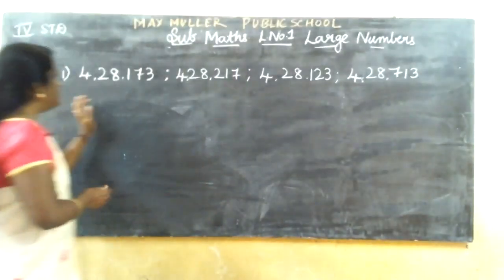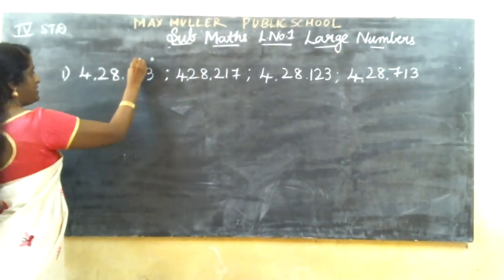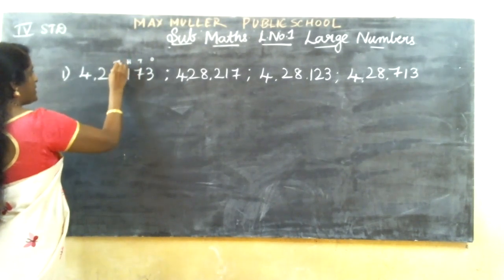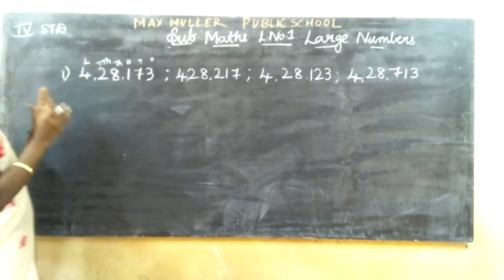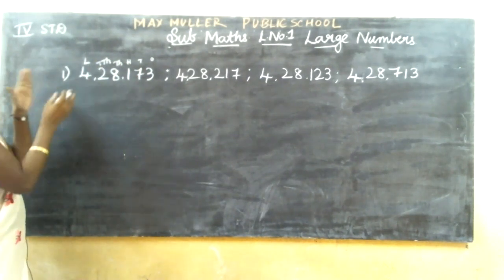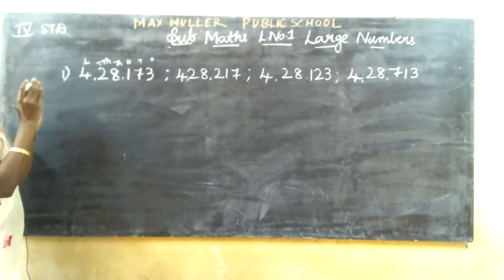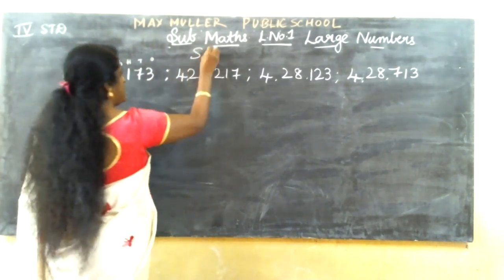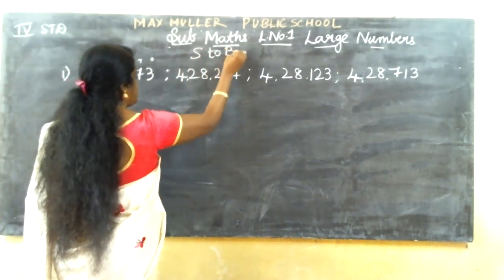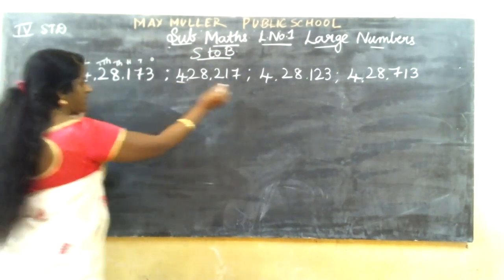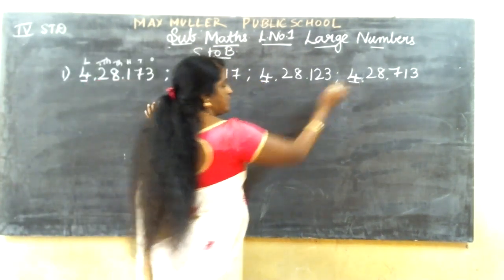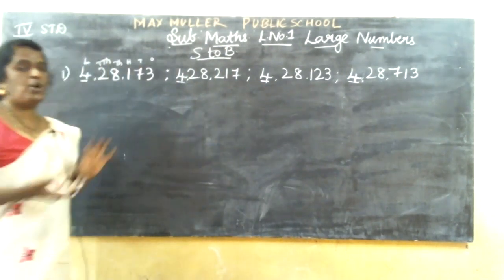Yes, see here. This is ones, tens, hundreds, 1,000, 10,000, lakh. So, no 10 lakh. Ascending means what? Small to big. So here 4 is there, here 4, here 4. So how to write small to big?